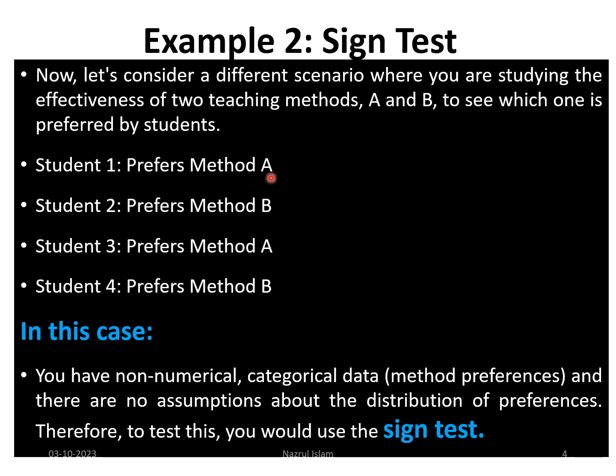Student 1 prefers method A, student 2 prefers method B, student 3 prefers method A, and student 4 prefers method B. In this case, you have non-numerical categorical data and there are no assumptions about the distribution of preferences. Therefore, to test this, you would use the sign test.